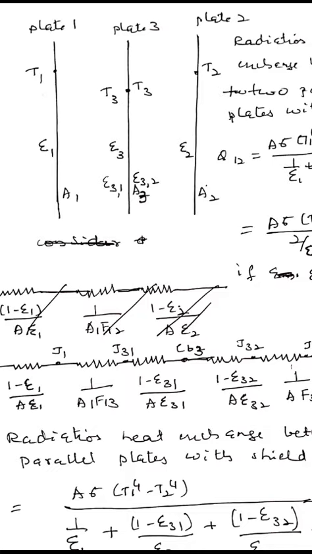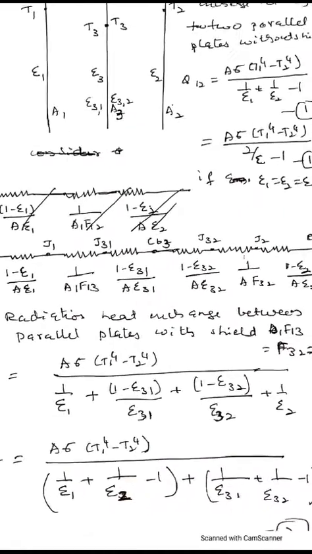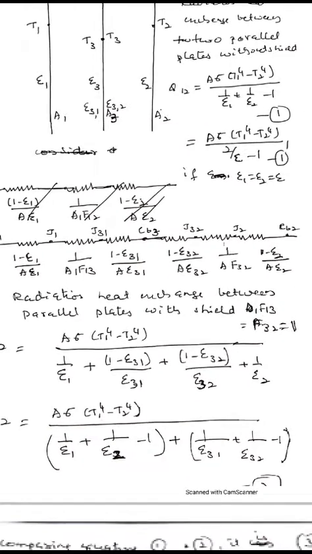In addition to surface resistances, we have space resistance, the shape resistance between plates 1 and 3 and the shape resistance between plates 3 and 2. All the resistances have been shown with the help of a network diagram here.